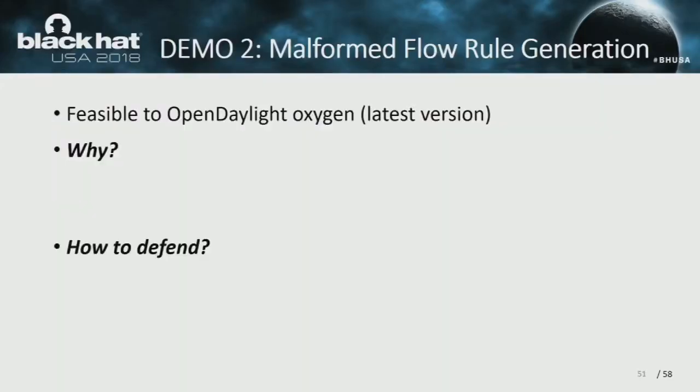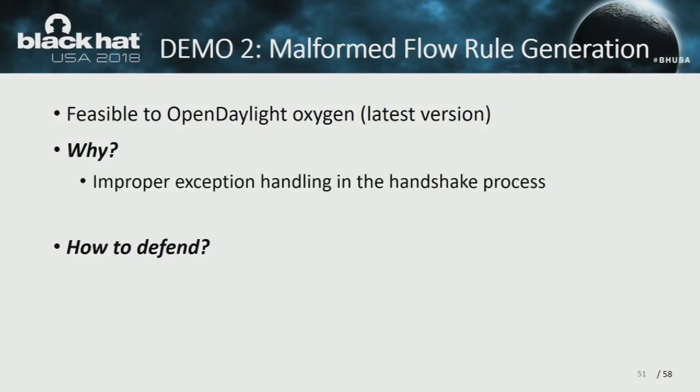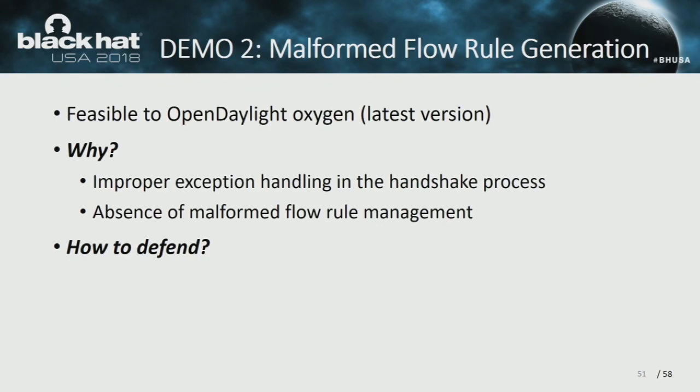So now, what is the problem of ODL? The first reason is that ODL is not able to handle such an exception when it handshakes with the switch. So which means that even though ODL failed many times, it just repeated the same task without resolving the problem. And another problem is the absence of malformed flow rule management, so it means that ODL doesn't validate input flow rules.